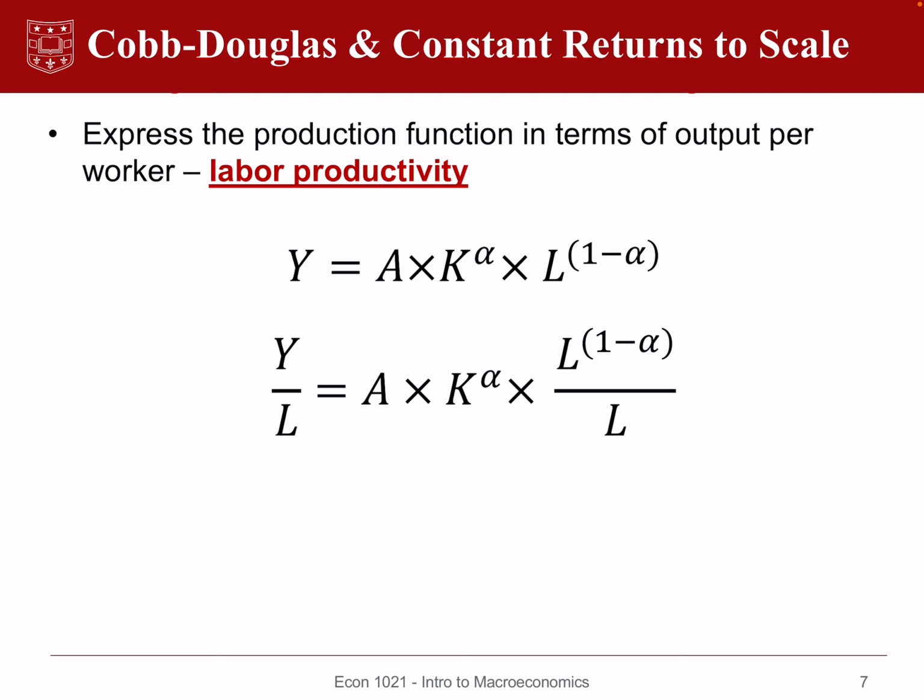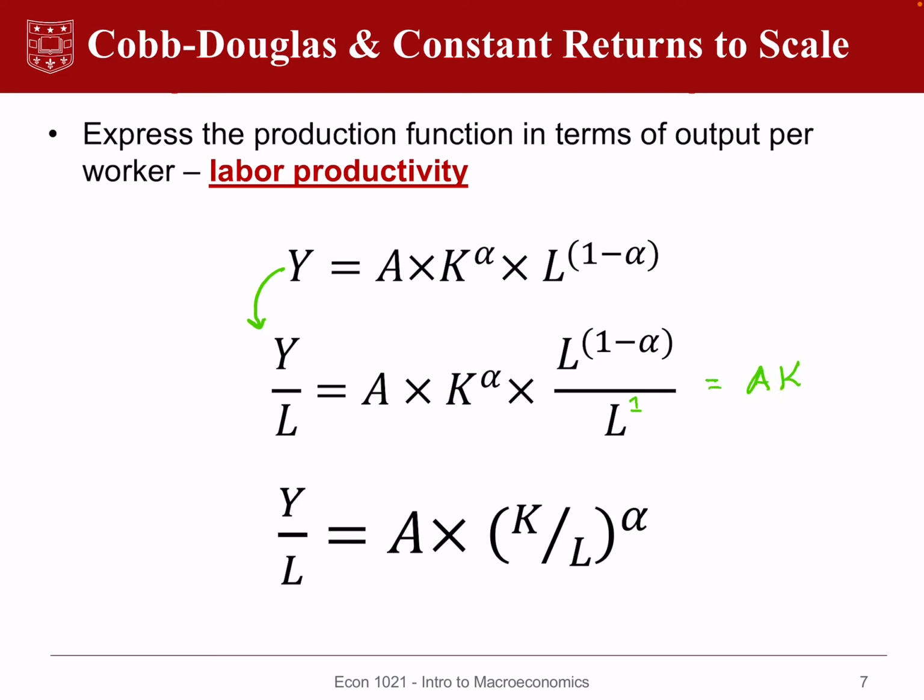And so in order to do that, what I want to do is divide the left and the right hand side of the equation by L. In moving from the first characterization of the production function to the second, it's exactly the same because all I'm doing is dividing both sides of the equation by L. But notice that this is L to the 1, and so this becomes K to the alpha, and then L, the exponent would be 1 minus alpha minus 1.